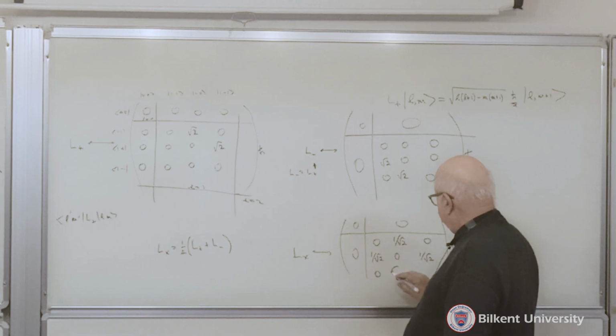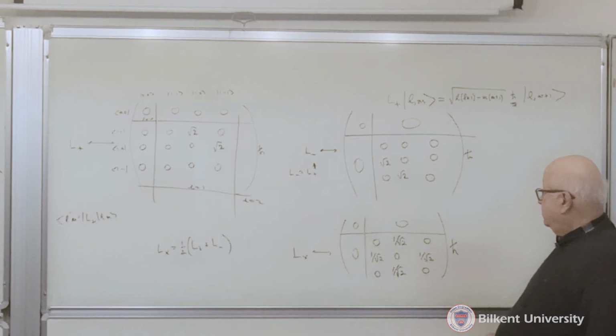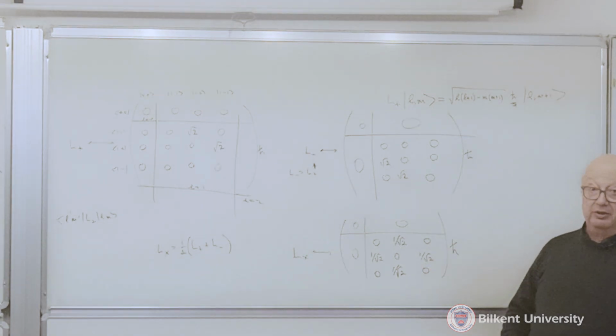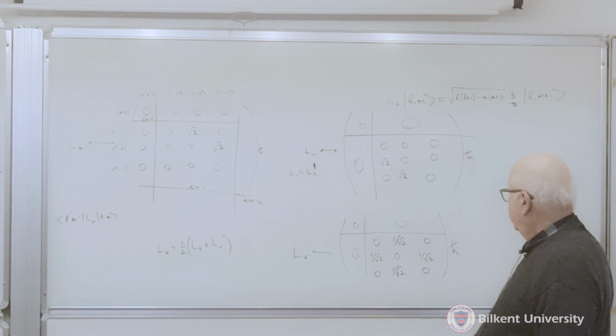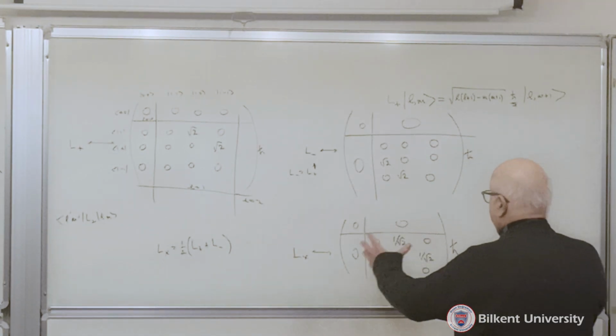Now you see this is already Hermitian, it must be, because it's a measurable quantity of x. Now we have found it.